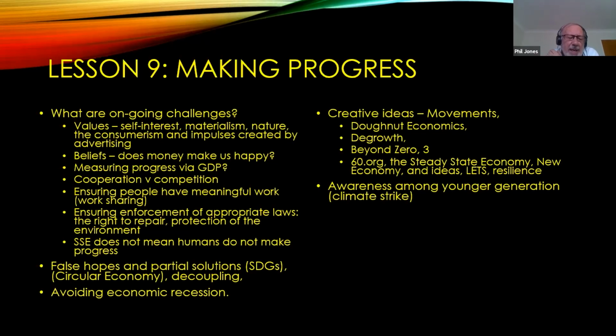I think I should point out some false hopes like the Sustainable Development Goals, to some extent the circular economy, avoiding the problem of avoiding recession.